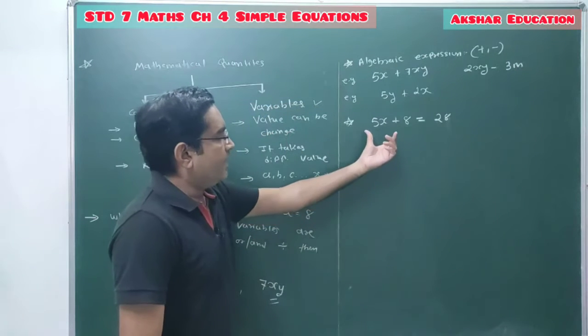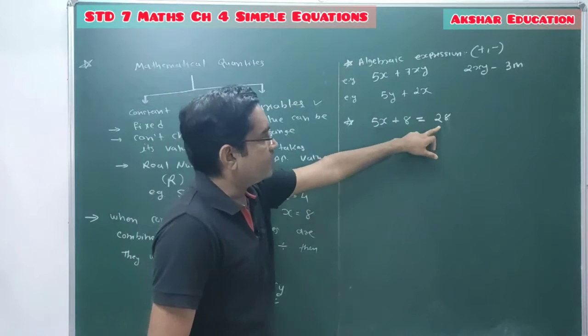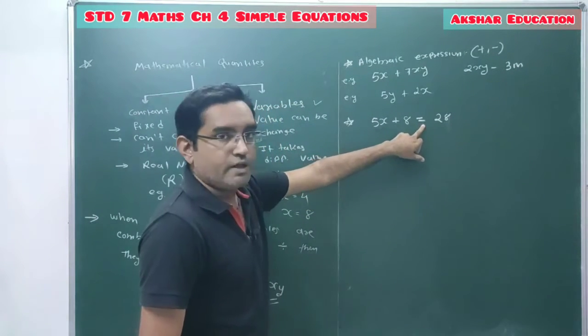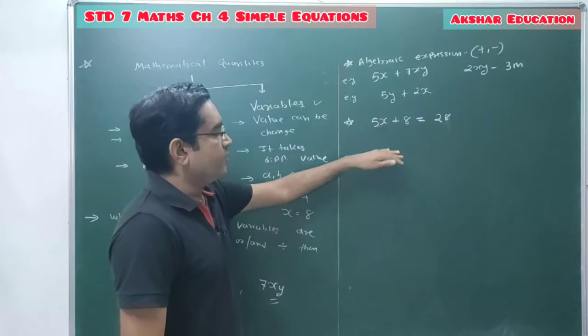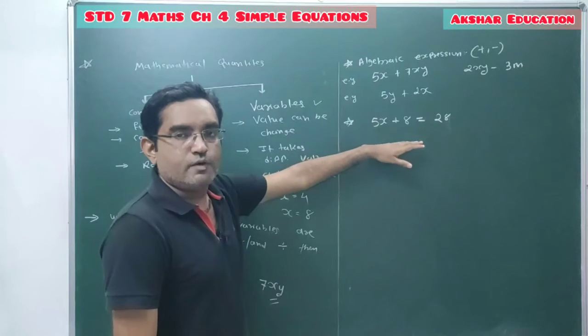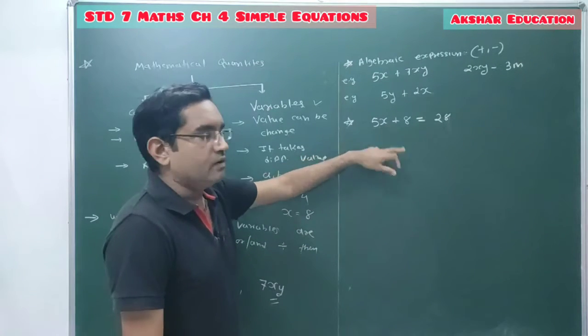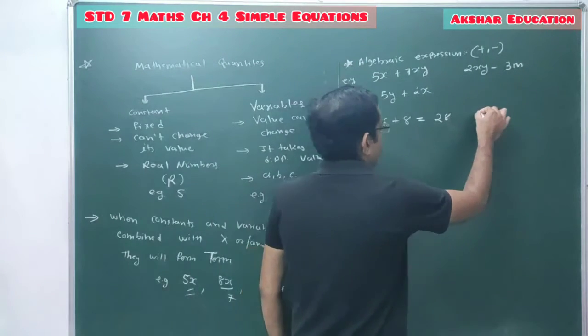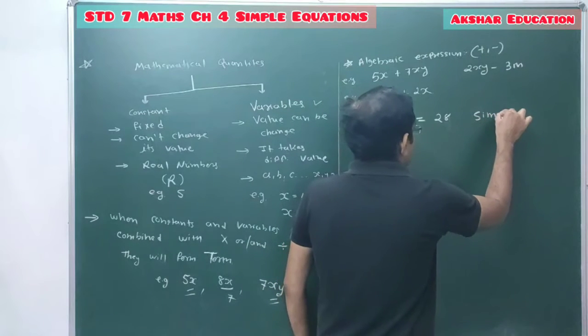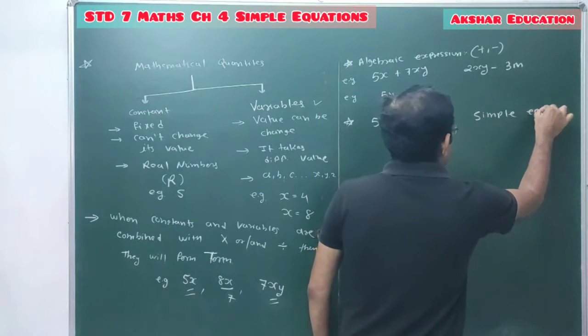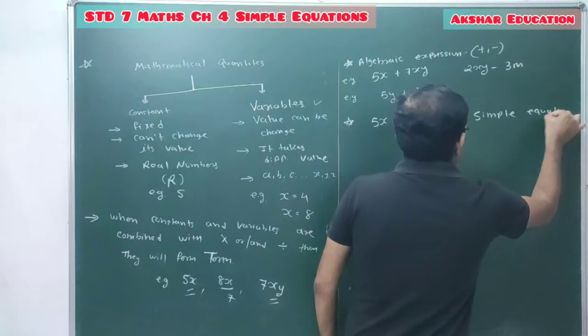So here I am comparing this algebraic expression with 28. I am adding one equal to sign. Now this expression is converted into an equation. As it consists of only one variable, this is nothing but a simple equation. This is one example of a simple equation.